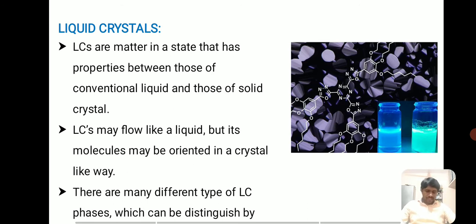Coming to the next heading, that is liquid crystals. What are liquid crystals? What are the properties of liquid crystals? These liquid crystals are matter in a state that has properties between those of conventional liquid and those of solid crystals.